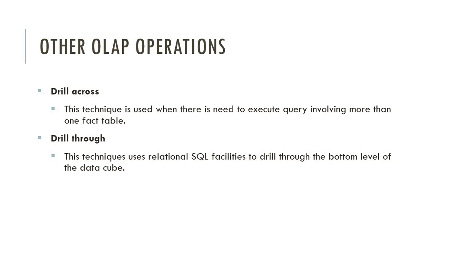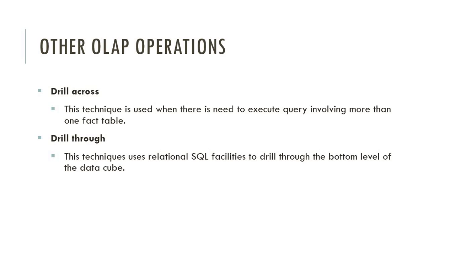There are 2 other OLAP operations, which are drill across and drill through. The first is drill across. This technique is used when there is need to execute a query involving more than one fact table. So if we have more than one table and we have to perform a query which involves those multiple tables, then we perform the drill across operation.